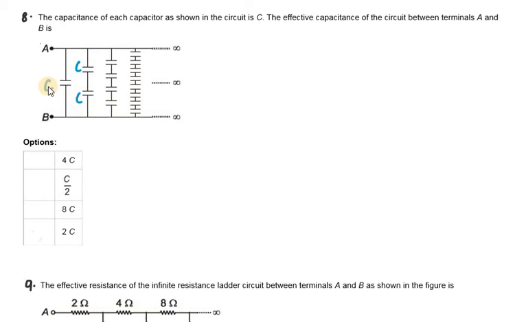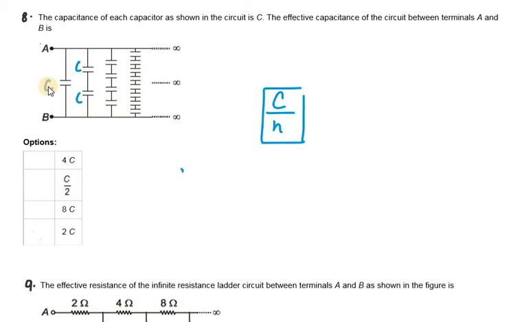So if n number of identical capacitance are there in series, then net capacitance is C over n. So this is known to us that whenever we have a net capacitance and if they are in series, then we can write it as C over n.